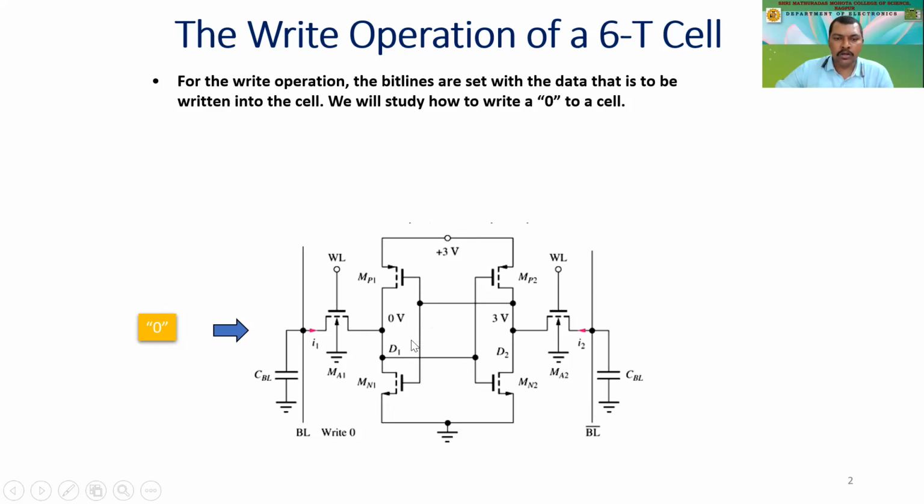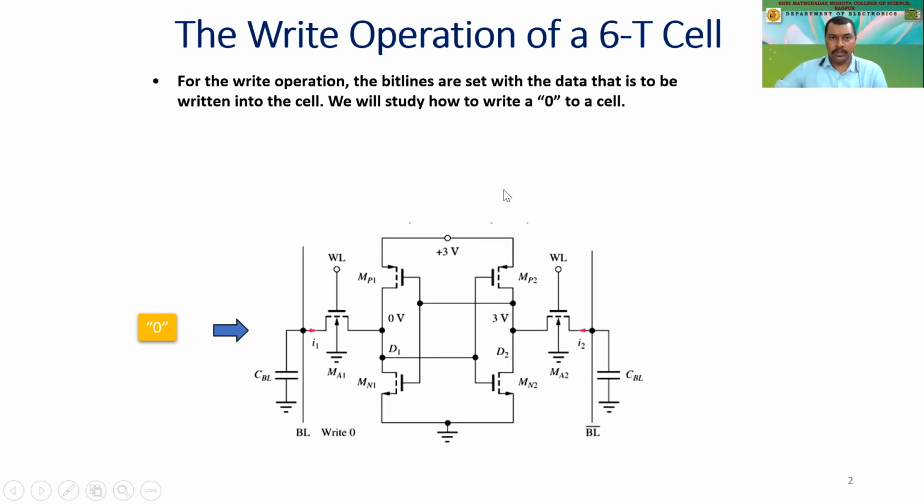These two points, D1 and D2, are the points where we expect the output. This is the Q point and this is the Q bar point. And this is the bit line, and this is the bit line bar on the second side. So there we are expecting the output to come.